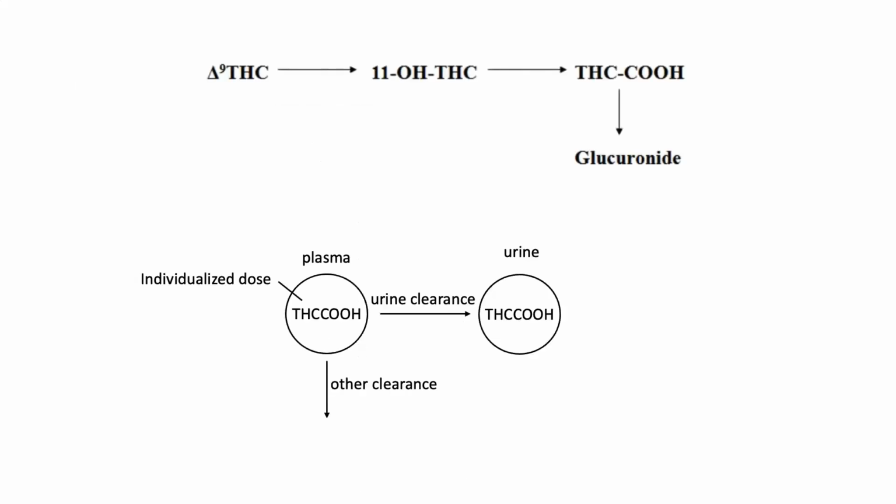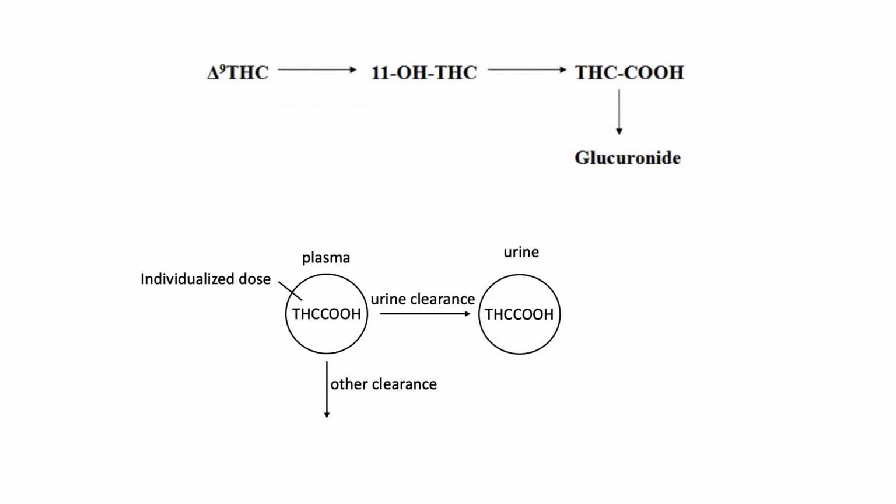So this is the basic schematic of what's going on. So you inhale the delta-9 THC. It's converted to 11-hydroxy-THC and carboxy-THC. The carboxy-THC is then glucuronidated in a phase 2 reaction, and then that makes its way into the urine.